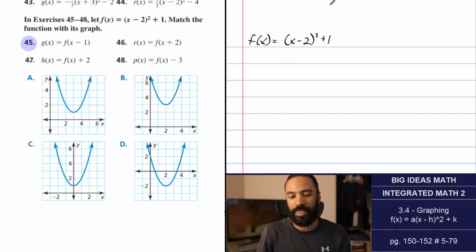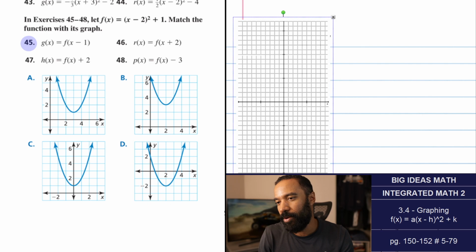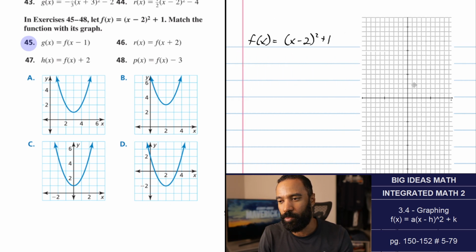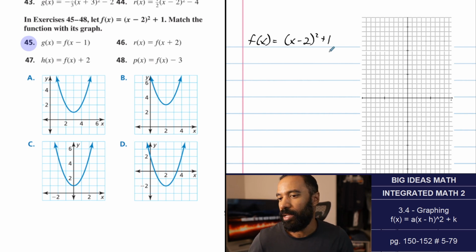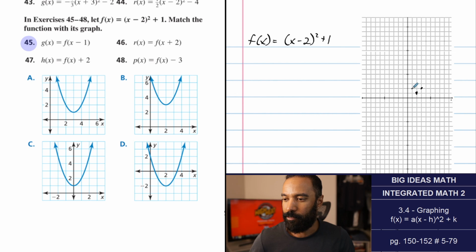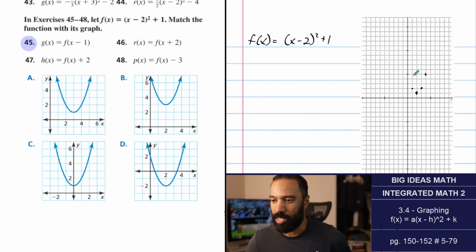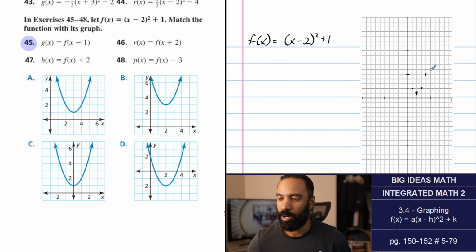Now let's look at what this graph looks like and compare it to the others so we know exactly what it is we're looking for, if that makes sense. x minus 2 quantity squared plus 1 is at 2, 1. And a vertical stretch factor of 1 will lead me to this graph at 1, 1, 2, 4, 3, 9, and 4, 16. This is the original graph.